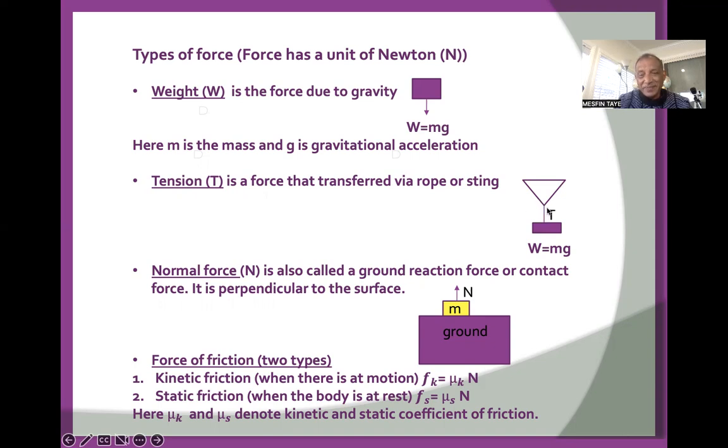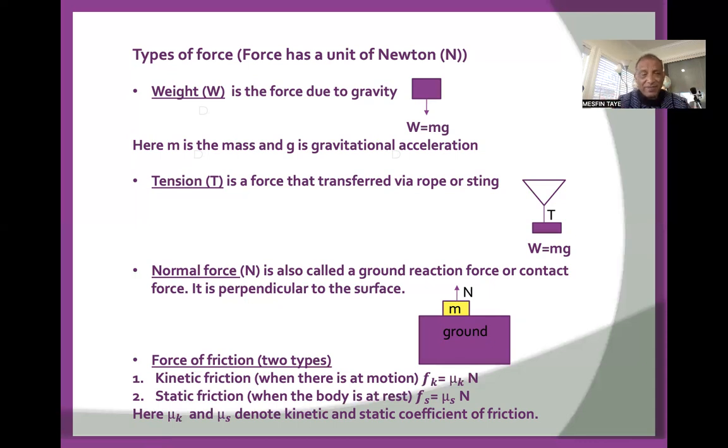It could fall down, but it's not falling down because what? Because the tension is pushing it up. So tension is the force transmitted via rope or string. Okay. So now we're going to use this to solve problems for today's discussion.